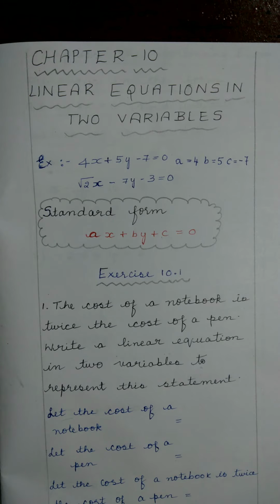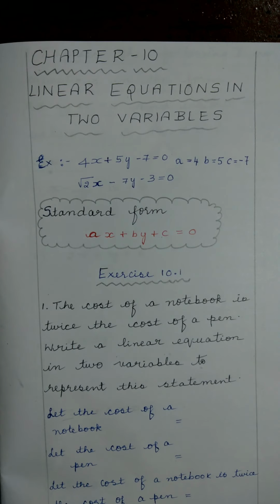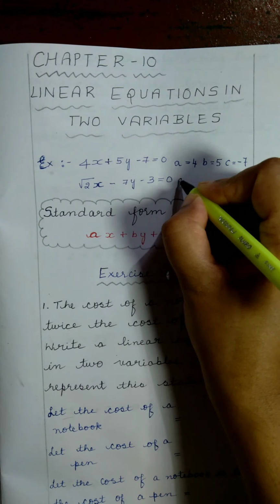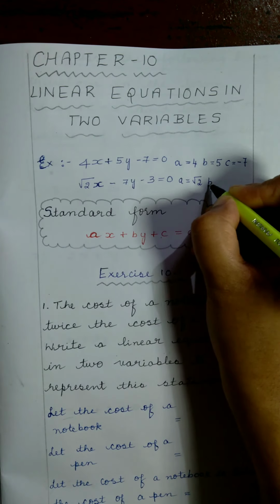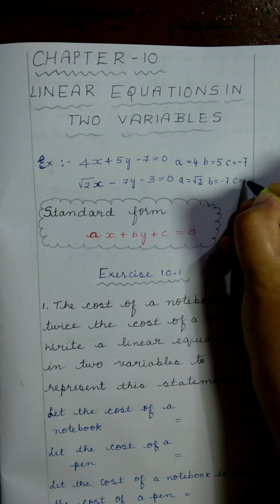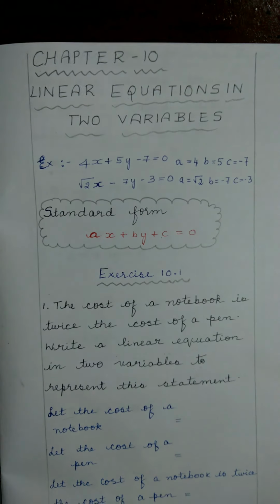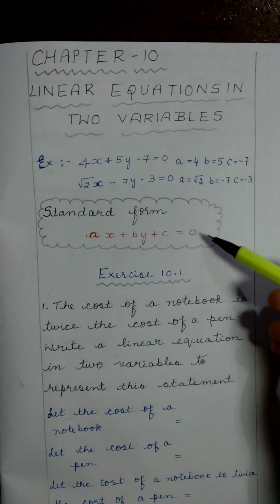Again, it is in the form of ax + by + c = 0, where the value of a will be equal to root 2, the b value will be equal to -7 and c value will be equal to -3.